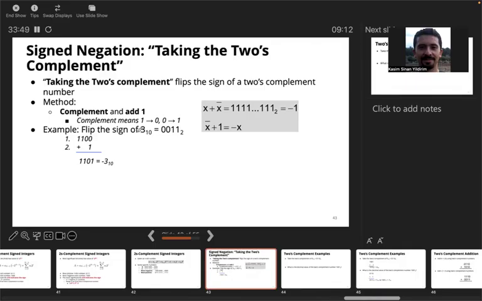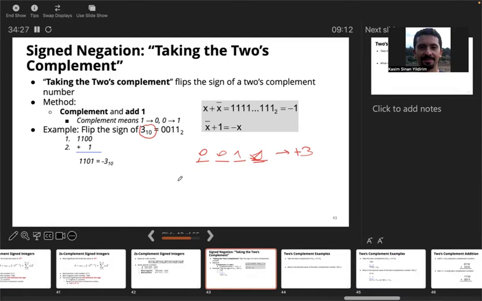Let's say I have 3 in decimal, and let's represent 3 using 4 digits in 2's complement form: 0, 0, 1, 1. This is positive 3 in 2's complement representation. What is taking 2's complement?